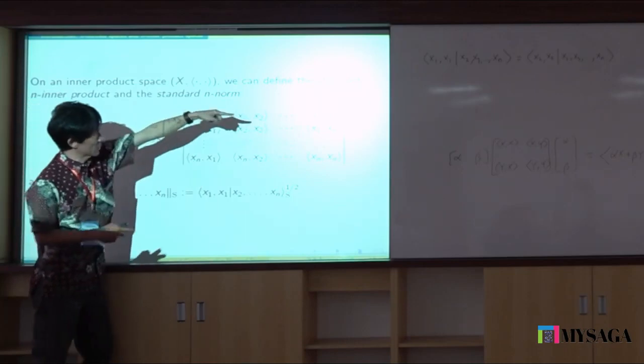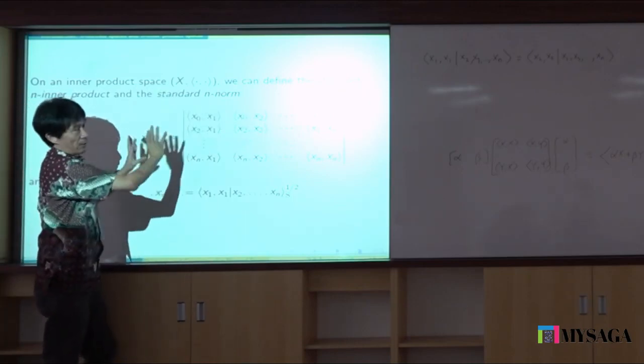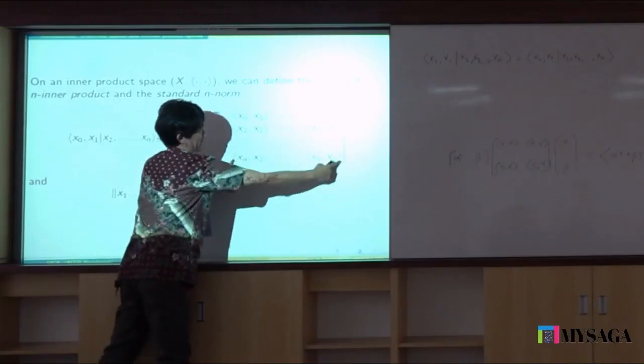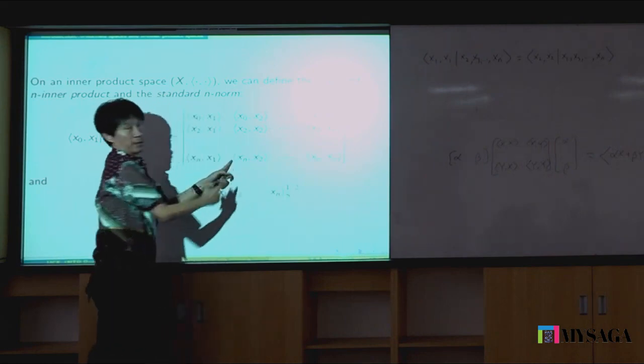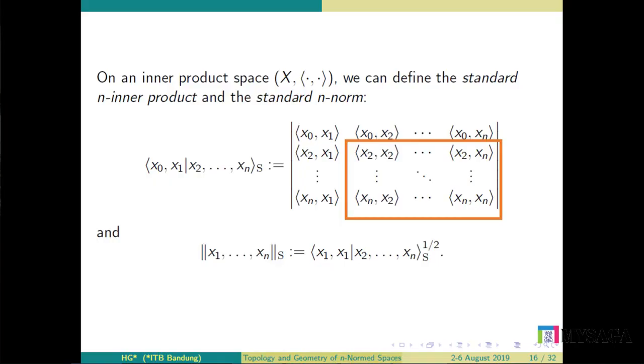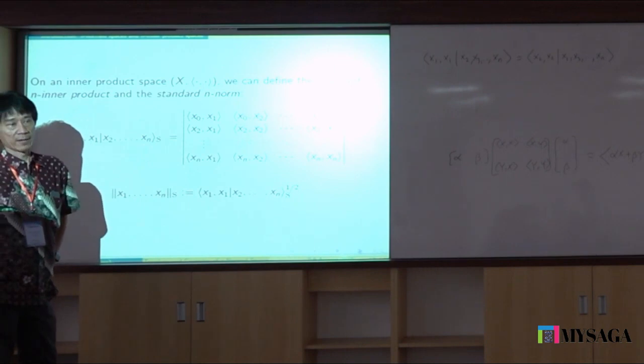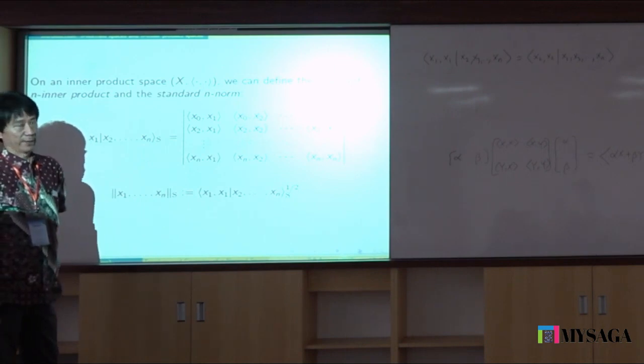So x0 first row, x1 first column, and all the others x2 up to xn. Especially this submatrix consists only of x2 up to xn. And if you forget the first row and first column, you recognize that submatrix as the Gram matrix formed by x2 up to xn.